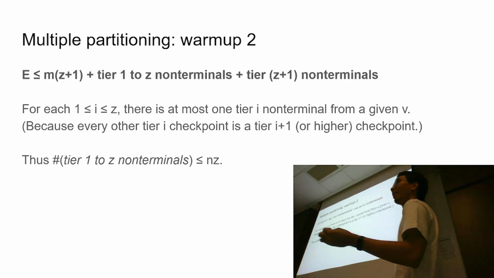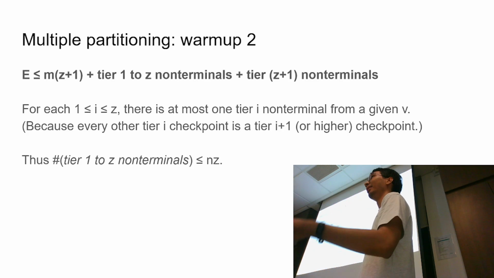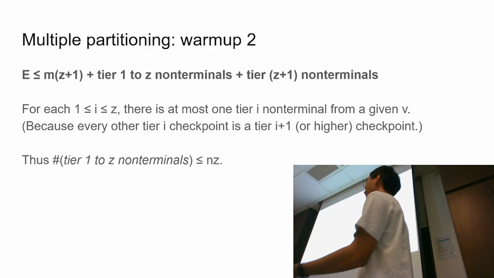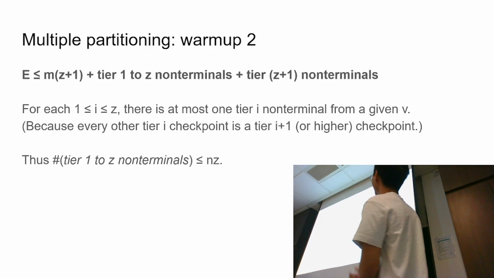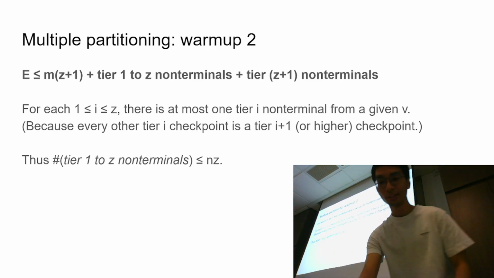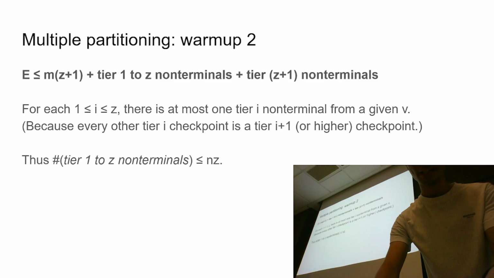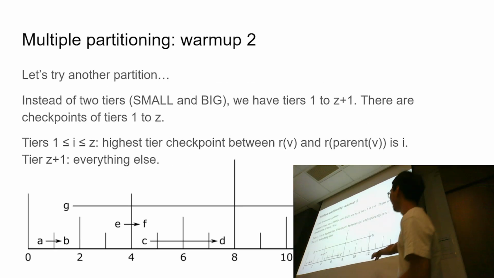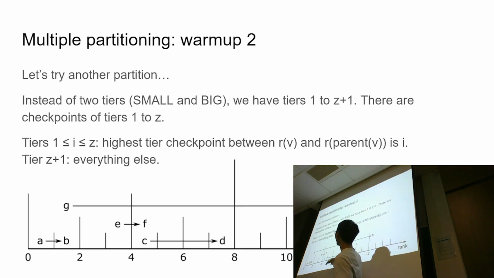So we do the same thing of grouping them by the edges that come from V, the edges that come from V1, the edges that come from V2, and so on. So observe that actually every other tier i checkpoint, say 4, 6, 8, every second one is actually a higher tier checkpoint.